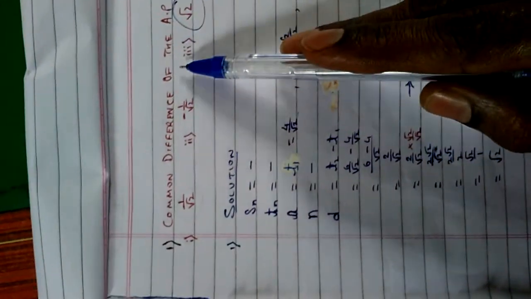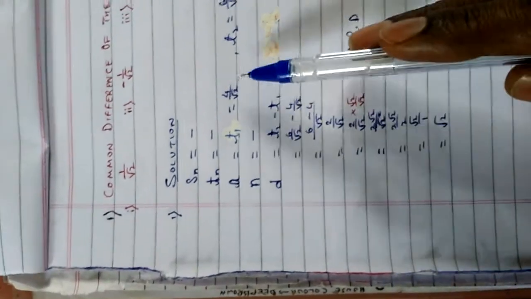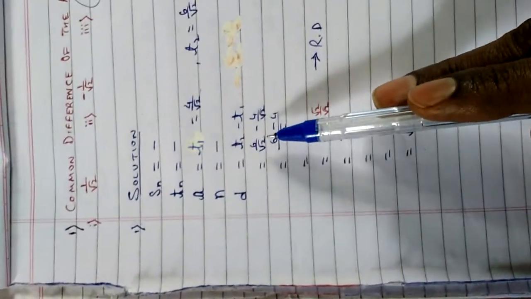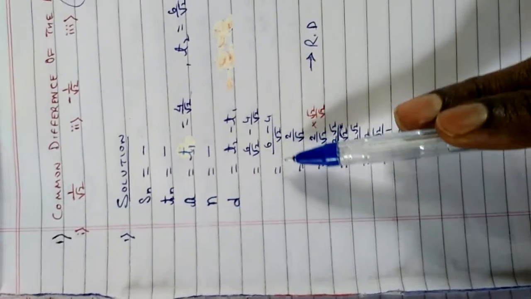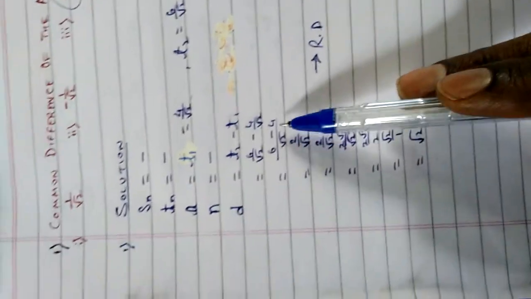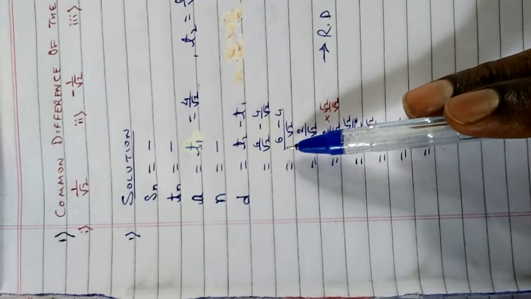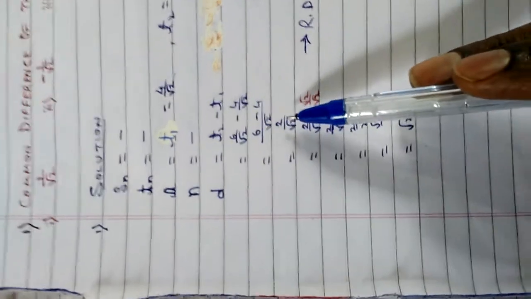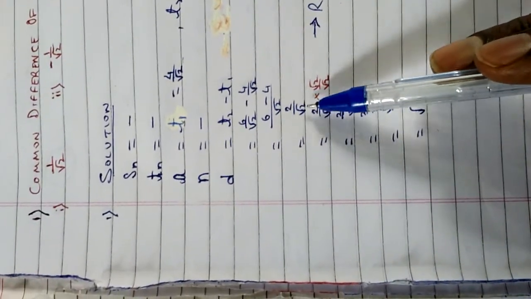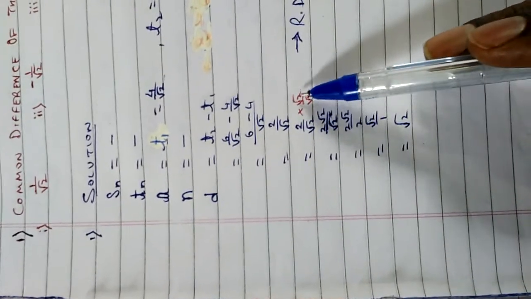Because we have to find D, we put the values of T2 and T1, that is 6 upon root 2 minus 4 upon root 2. We take the LCM, root 2, we get 6 minus 4 on the numerator, that is 2 upon root 2. We then rationalize the denominator.